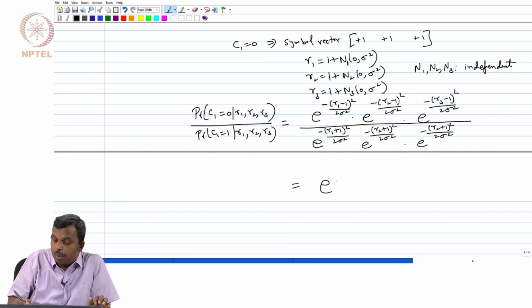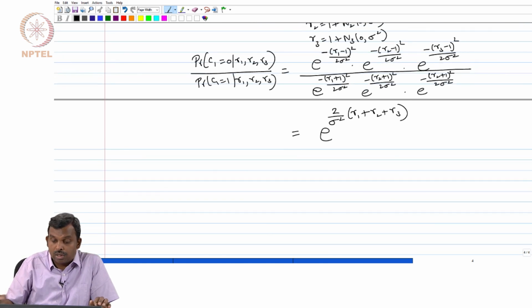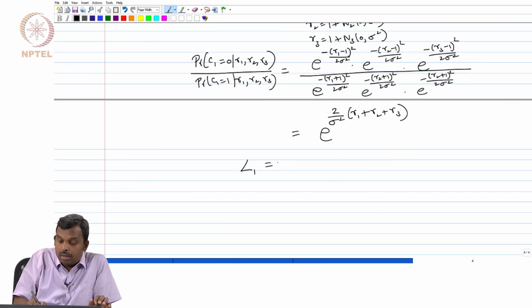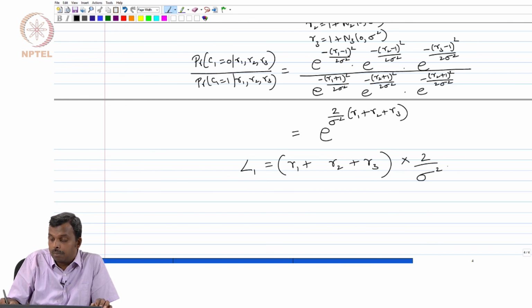A lot of things will cancel, you will get e power 2 by sigma squared times R1 plus R2 plus R3. Okay. So, if you take log on both sides, I will get L1 to be R1 plus R2 plus R3 times 2 by sigma squared. I write the 2 by sigma squared on the other side because it is a positive factor, it does not affect too much.